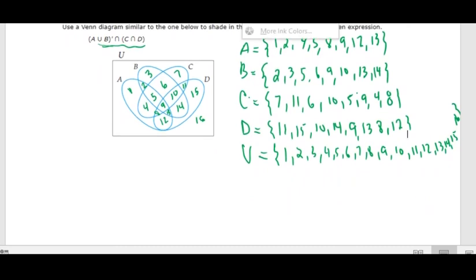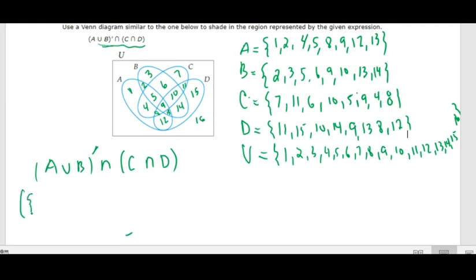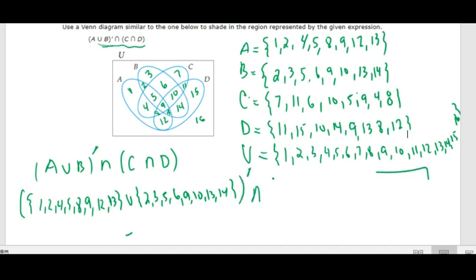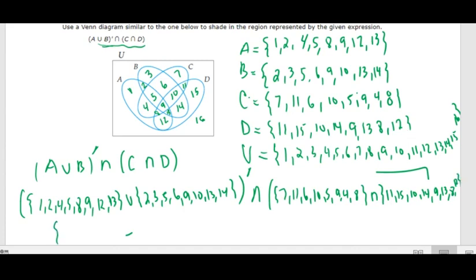So now we can take our information: A union B complement intersected with C intersected with D. So here I'm going to write A, and I'm going to write B, and then the complement intersected with C, intersected with D. The union means to put everything together.